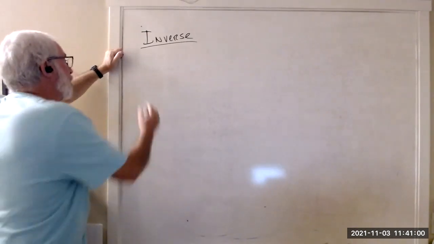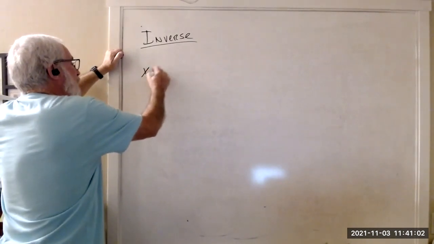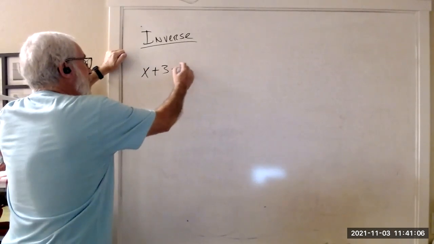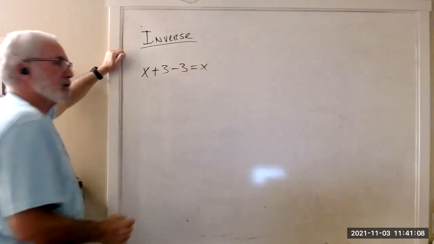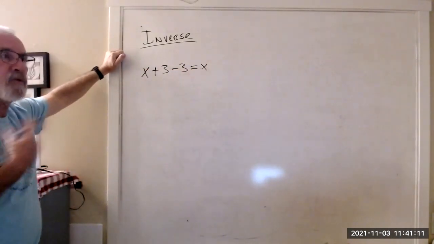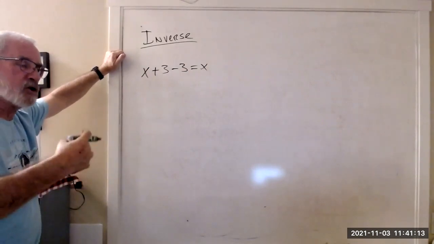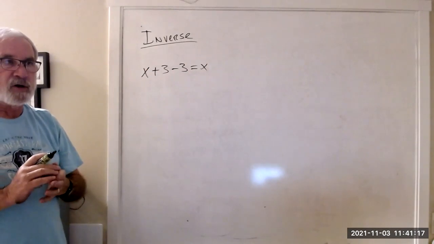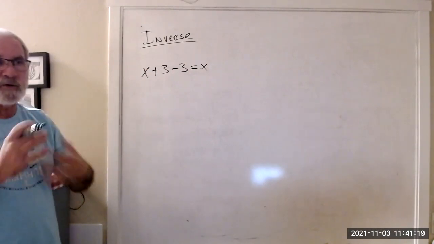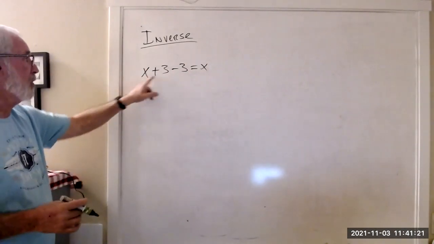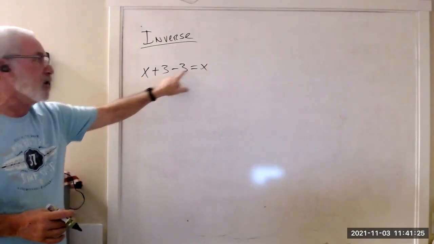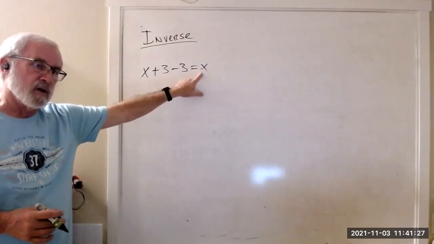For example, if we had X and we added 3 to it, if we take away 3, we get back X. So we've learned that addition and subtraction are called the inverse operations of each other. They undo what the first one did. If you took a number and added 3 and then take away 3, you're back to your original number.